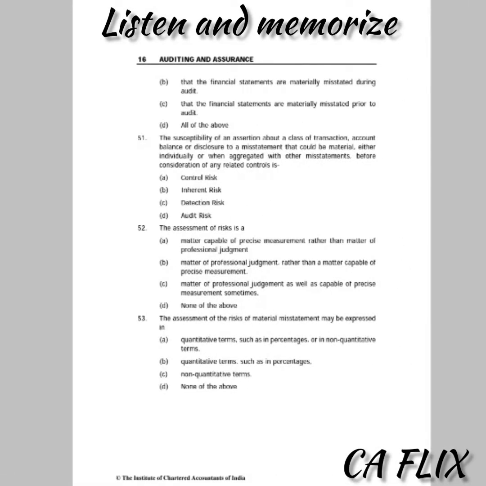Question 51. The susceptibility of the assertion about a class of transactions, account balance or disclosure to a misstatement that could be material, either individually or when aggregated with other misstatements, before consideration of any related control is: option A, control risk; option B, inherent risk; option C, detection risk; option D, audit risk.